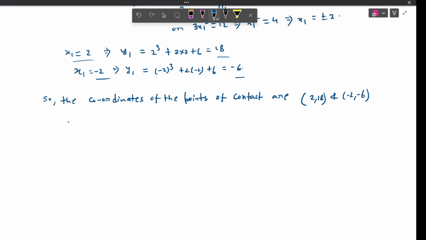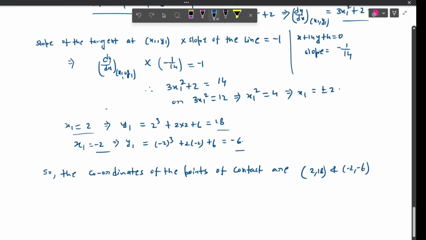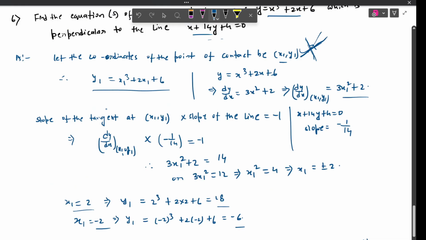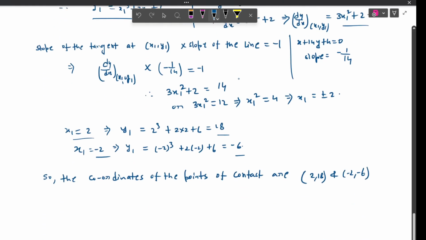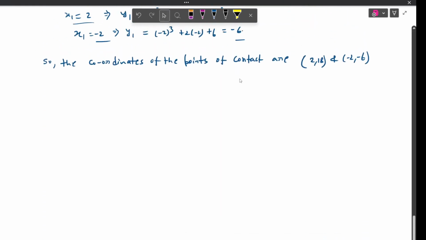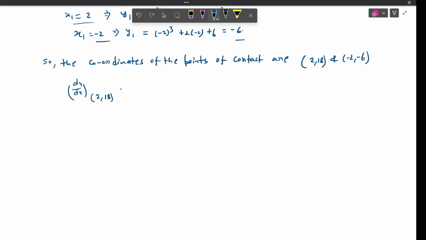Now we know dy by dx at (x1, y1) is 3x1 square plus 2, right? So now we know the point, so put that into that equation. So dy by dx at 2 comma 18 would be 3x1 square plus 2, that is 3 into 2 square plus 2.